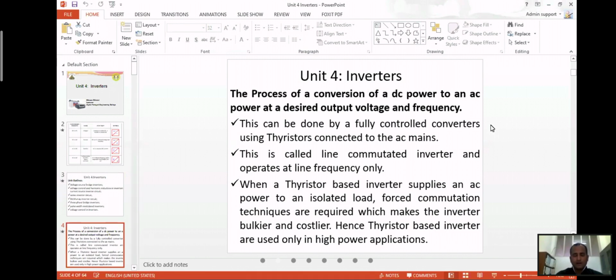In the previous case, if you are connected to a grid, it is a line commutated inverter. But in isolation mode, force commutation techniques are required, which means the inverters are bulkier and costlier. The inverter becomes bigger in size and quite costly when working in isolation mode.